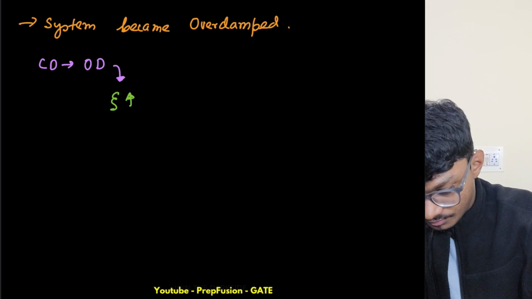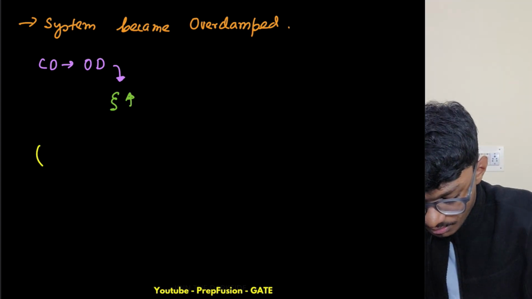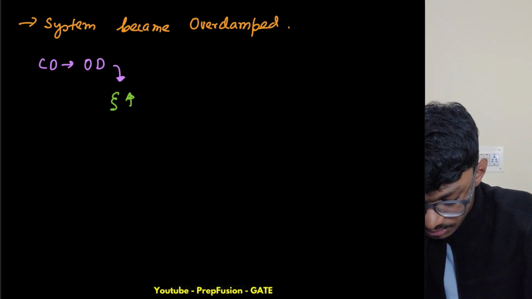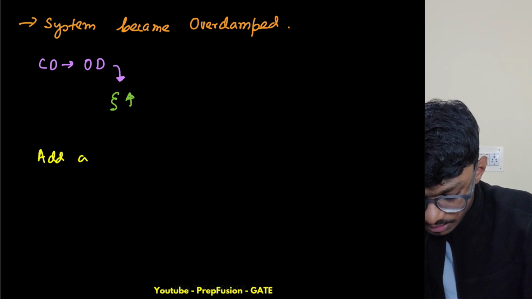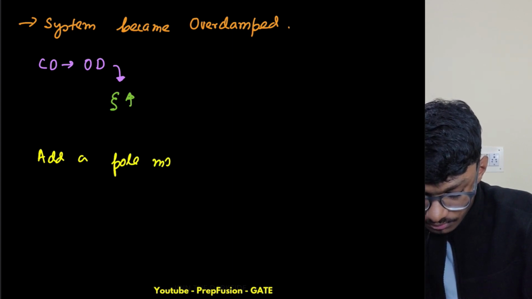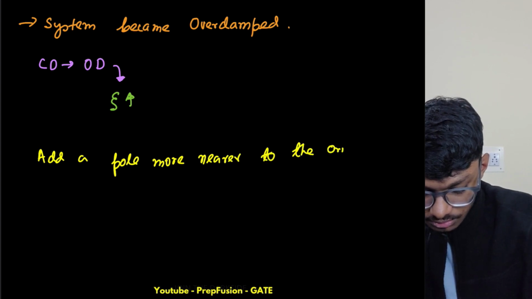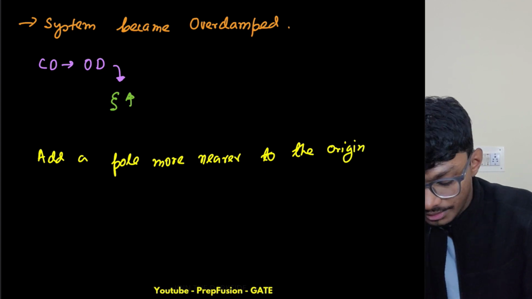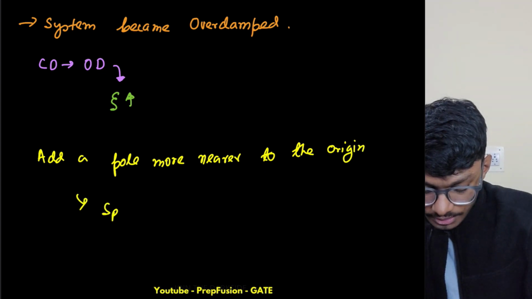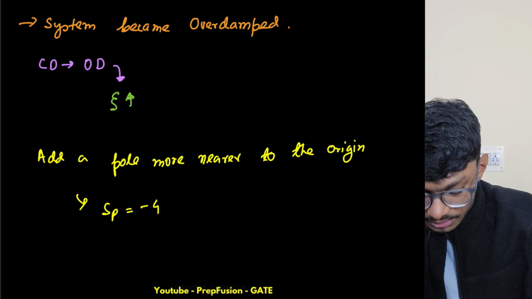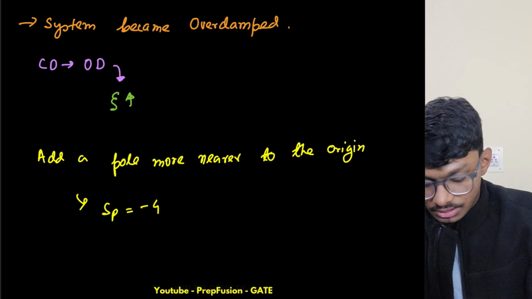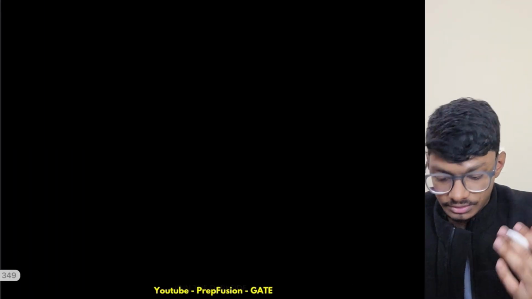Let's add a pole more nearer to the origin. Okay, so let's add a pole SP at -4. So what will be the effect of this?